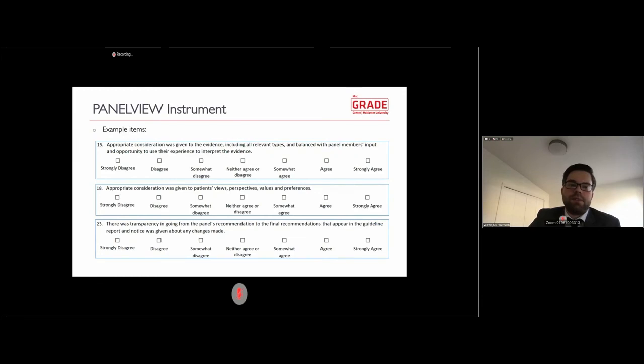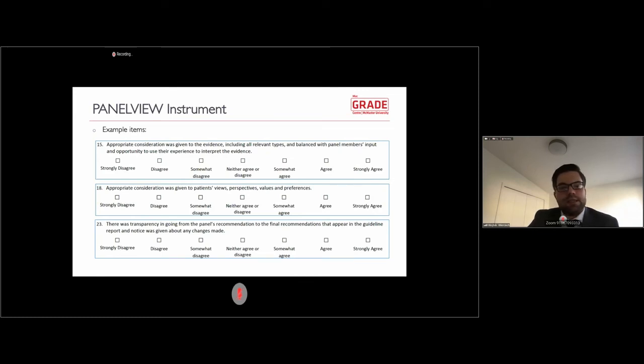A few other examples are given appropriate considerations to the evidence, including all relevant types. So the fact that a systematic review was conducted for a guideline doesn't necessarily mean it was used to inform the recommendation, and there was a direct link to the recommendation that the panel made when they had their discussion and consideration about their evidence when formulating a recommendation.